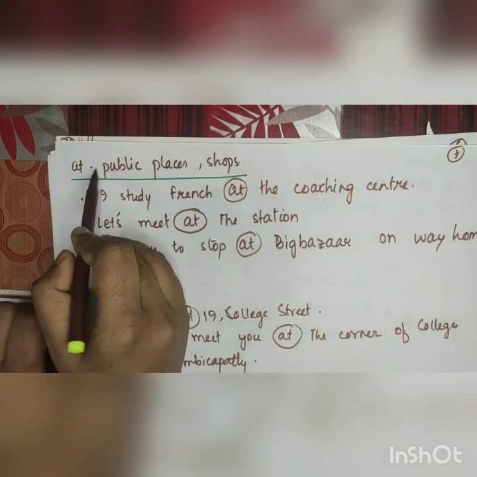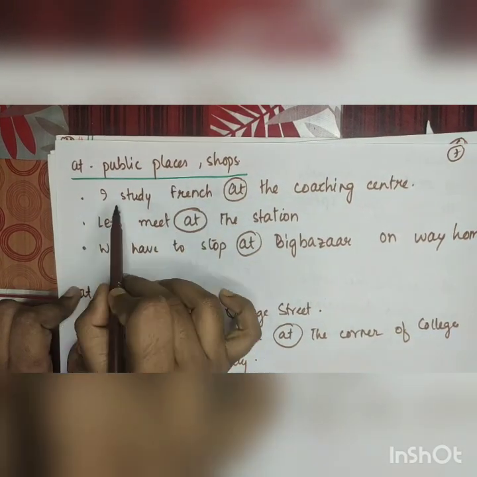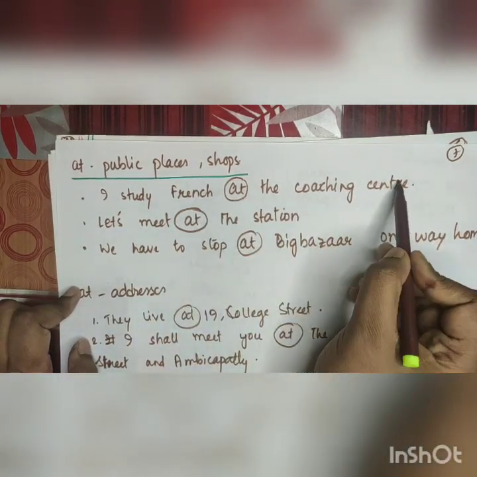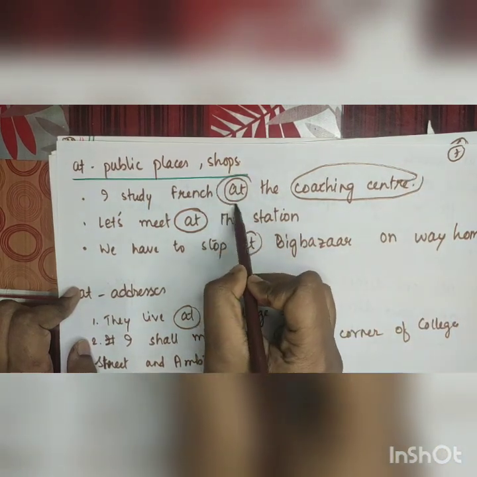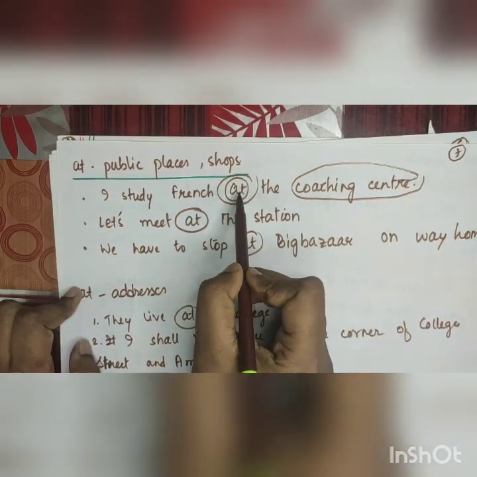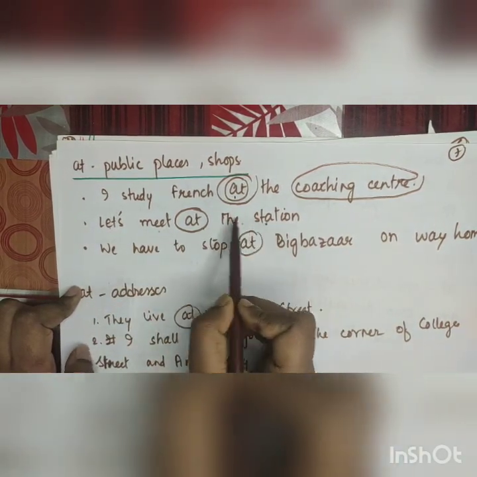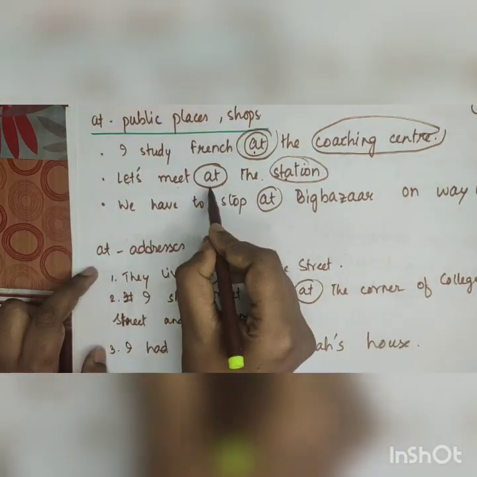At is also used to depict public places or shops. Like, I study French at the coaching center. So coaching center is a public place, right? So to indicate the position, we are using at. Let's meet at the station. That particular station is a public place, so we are using at.